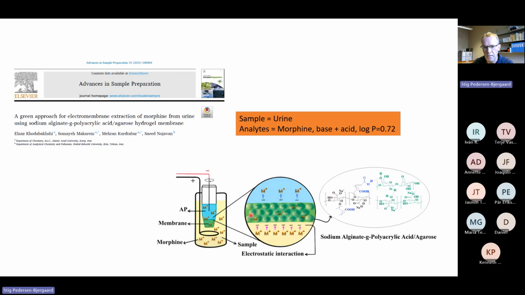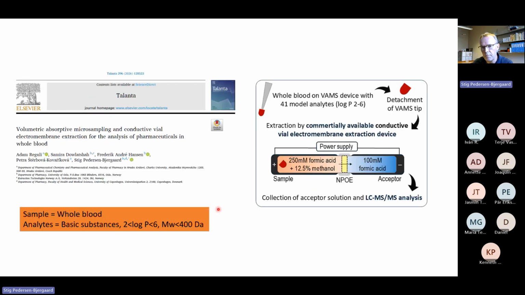So it means that this system is a totally aqueous system. The sample is aqueous, the membrane is aqueous, and also the acceptor solution is aqueous. In contrast to the traditional EME system, where, as we saw in the previous example, the sample is aqueous, the membrane is organic, and the acceptor is aqueous.